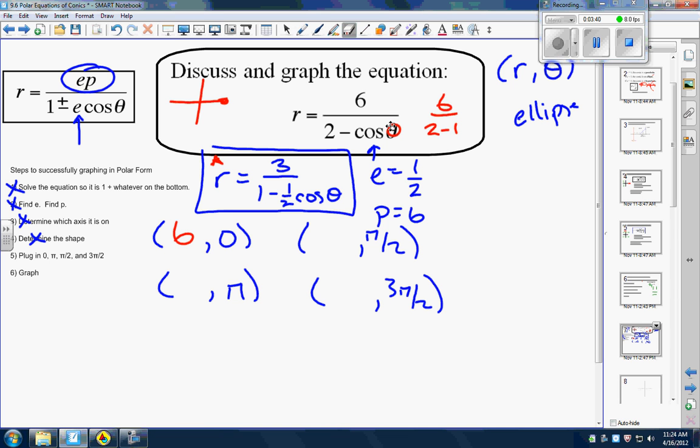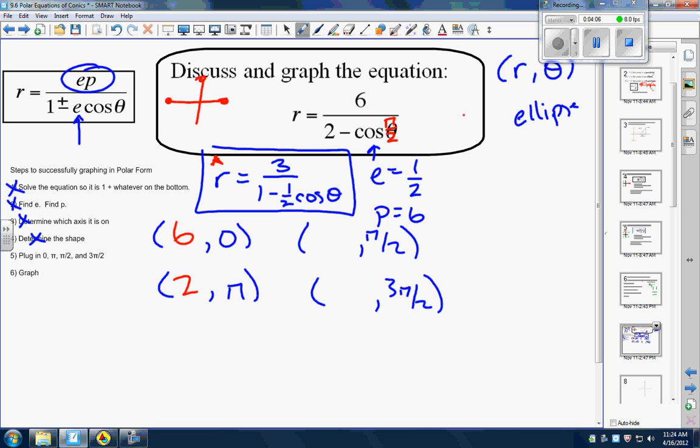Okay. Next, I'm going to plug in a pi. Cosine of pi is -1. So this is 6 over 2 plus 1, so 6 over 3 is 2. Next, I'm going to plug in a pi over 2. Cosine of pi over 2 is 0.